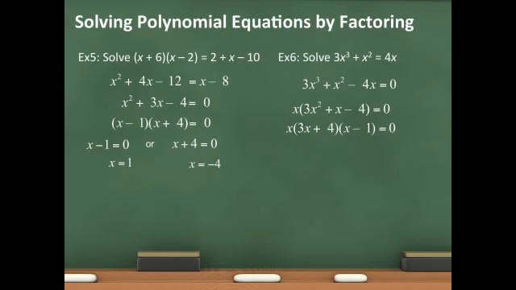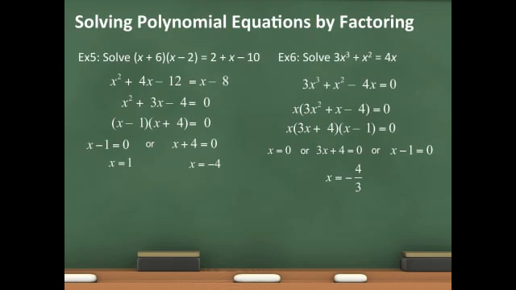We now apply the zero factor property in step 3. Notice that we have 3 factors containing x that are being multiplied here. So when we apply the zero factor property, we'll end up with 3 equations. x equals 0, 3x plus 4 equals 0, and x minus 1 equals 0. In the first equation, there's no need to solve for x because we have that x is 0. In the second equation, 3x plus 4 equals 0.